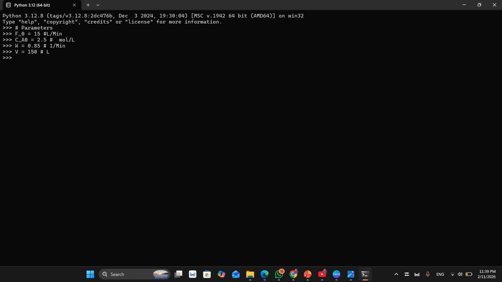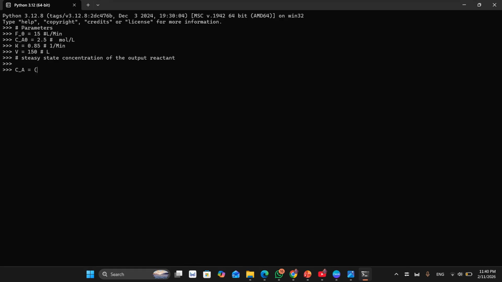Then I'll define my Ca, what I want to calculate, the steady state concentration of the output reactant, which is A. So that will be C_A, then open the bracket.